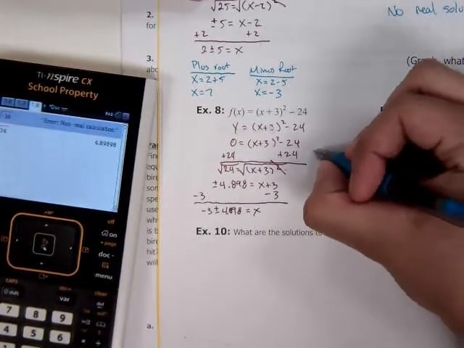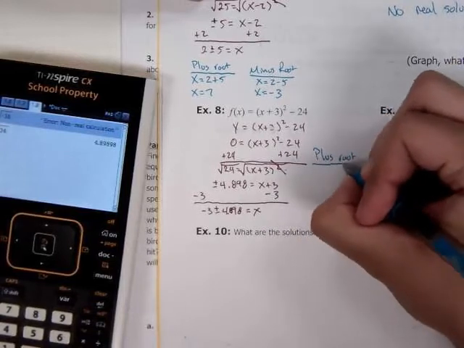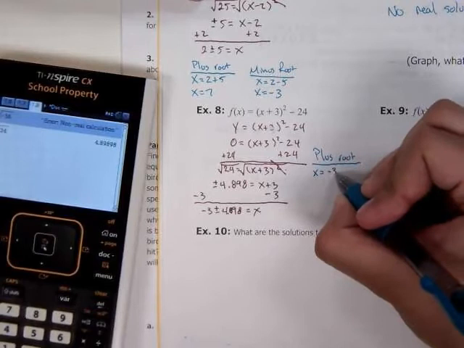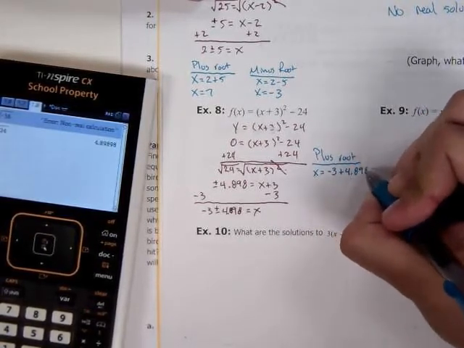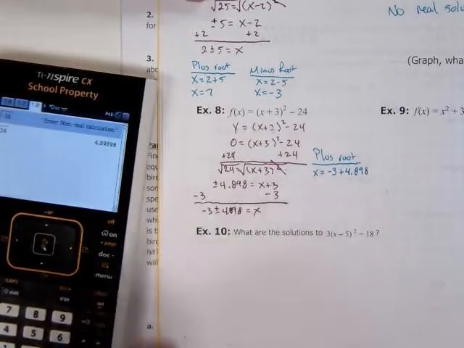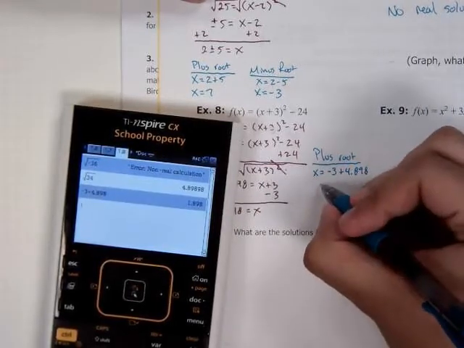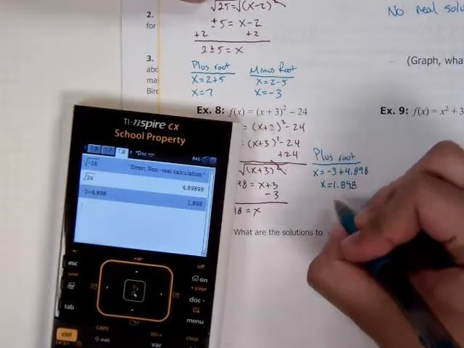So our plus root: x is equal to negative 3 plus 4.898, which in the calculator is 1.898.